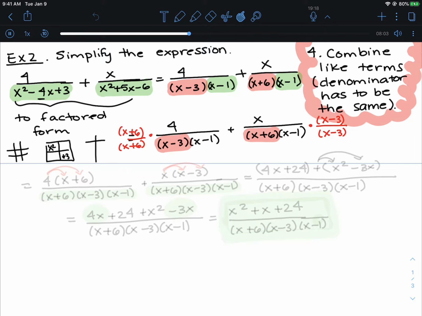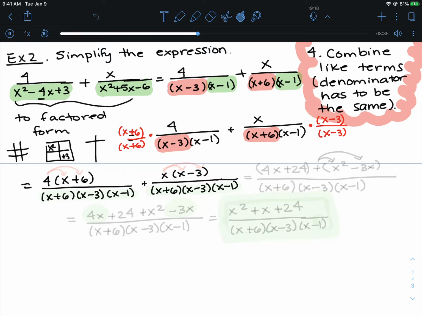Okay? So if I rewrite this as a whole fraction, I'm going to have 4 times x plus 6 over x plus 6, x minus 3, times x minus 1, plus x divided by, x times x minus 3, over x plus 6, x minus 3, and x minus 1.